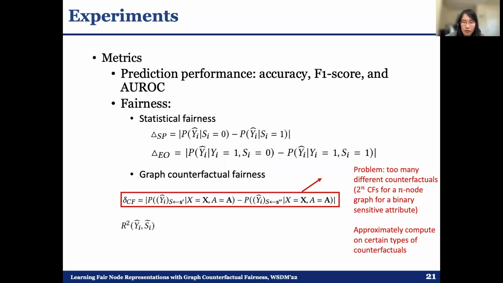Then also we compute R-square to measure how well the prediction for any node i can be explained by the summary of the node i's neighboring sensitive attribute values, which reflects the statistical dependency between the prediction for each node i and the sensitive attribute values for all its neighbors.